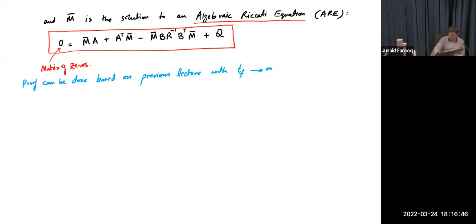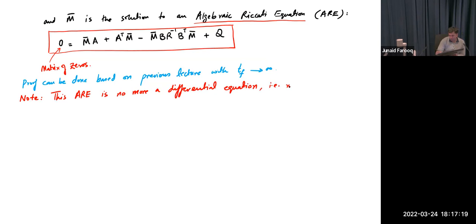And the good thing is that this ARE is no more a differential equation, and therefore you can actually solve it even by hand. It really is an algebraic equation now, so there are no derivatives involved.